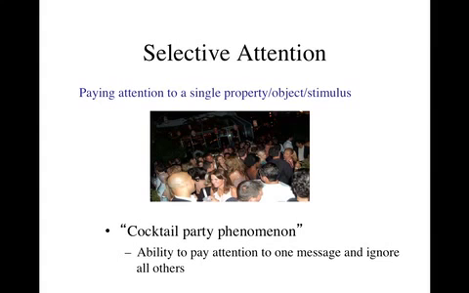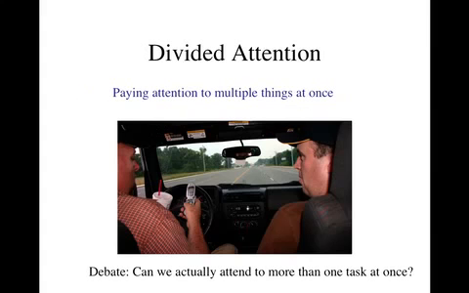All that information that's out there is making its way into your ears. Other people's conversations are making their way into your ears, and somehow you're able to selectively attend to the particular conversation you're engaged in. Divided attention, on the flip side, is paying attention to multiple things at once. And as I mentioned, there's some discussion about whether we can actually pay attention to multiple things, or perhaps move our attention around quickly and toggle between them.